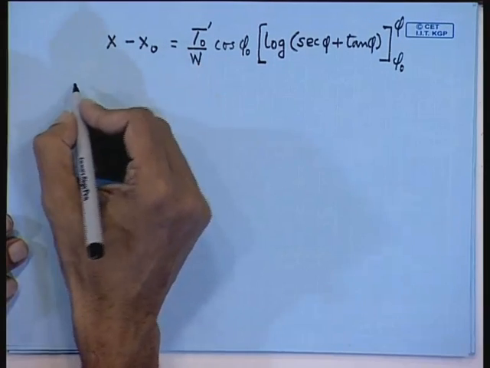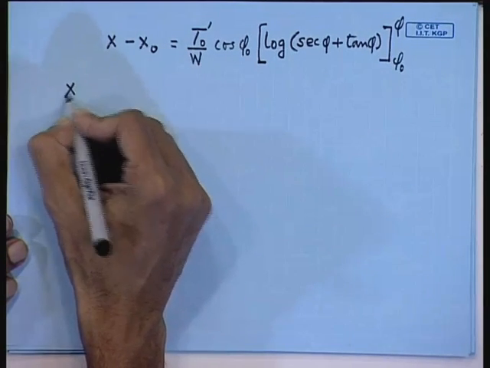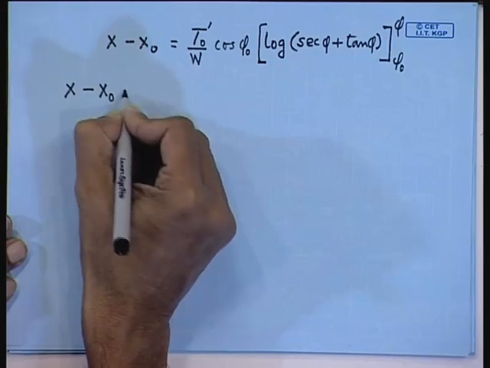So this is a little bit large. So this is x minus x naught.